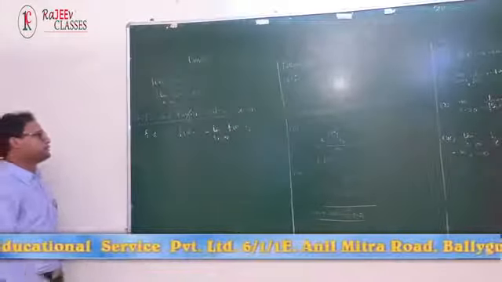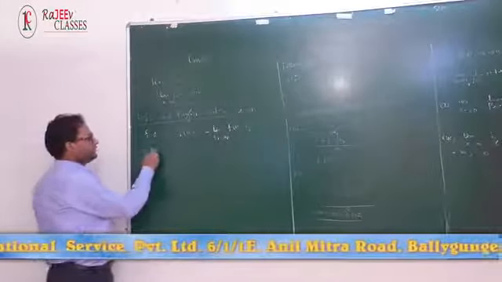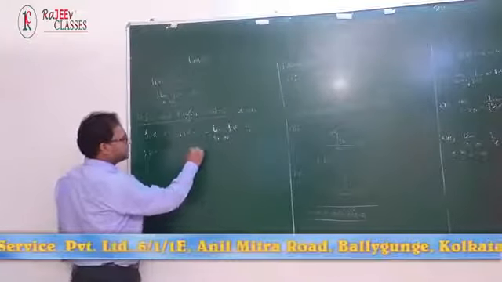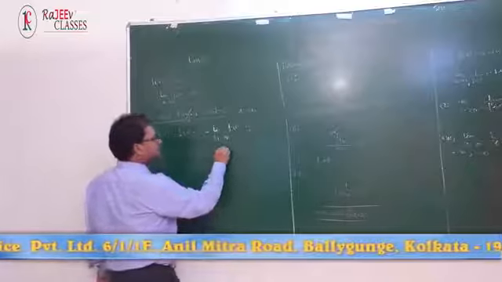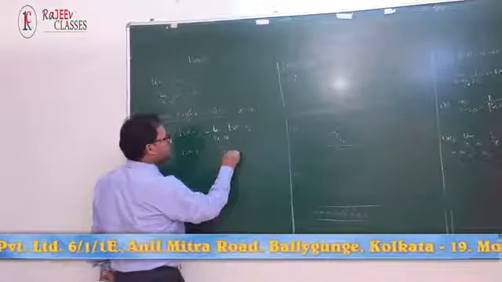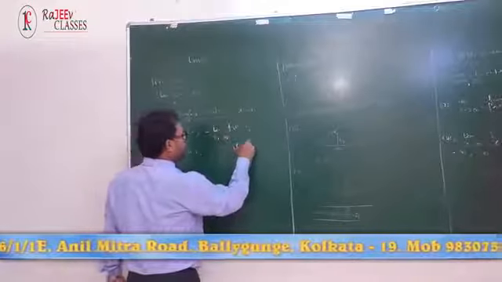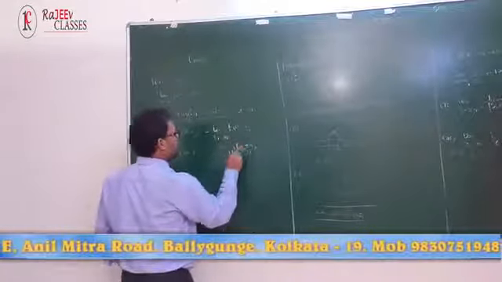The right limit is defined as f(a plus 0) or simply written as f(a plus), and it is defined as limit h tends to 0, f(a plus h).